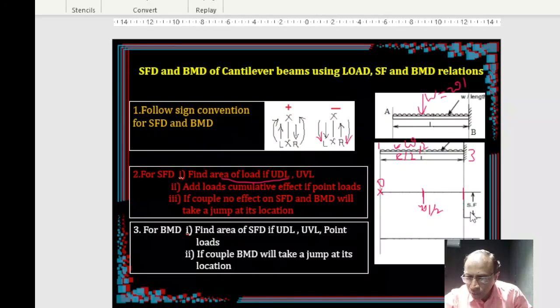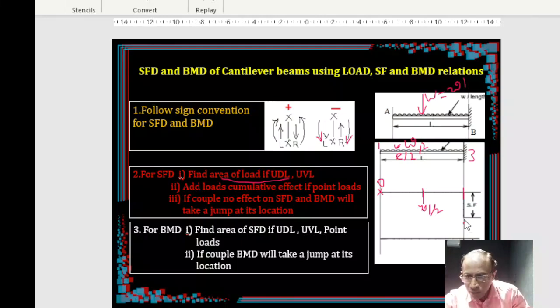This is the ordinate. Now if you want at point 3, you can find out the area from 1 to 3, not 2 to 3, 1 to 3. What is the area? W times L. So this ordinate will be WL.